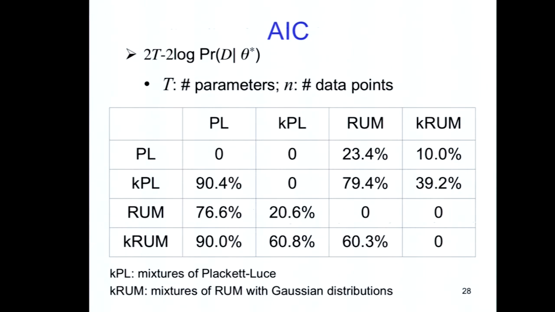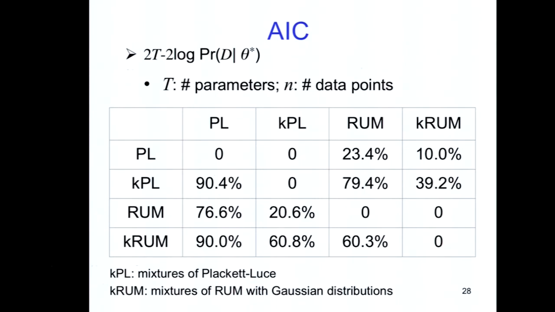They are exactly the same, because Plackett-Luce is a subset of K-Plackett-Luce. On some data sets, the best fitting one among the mixtures is just a single Plackett-Luce. We can use one Plackett-Luce, two, three, and so on, choose the best K, and sometimes it's one, which happens about 10% of the time.